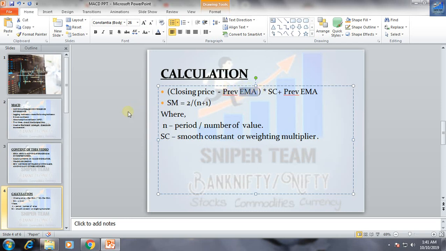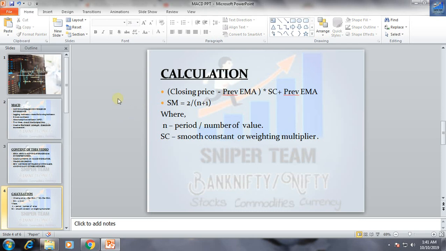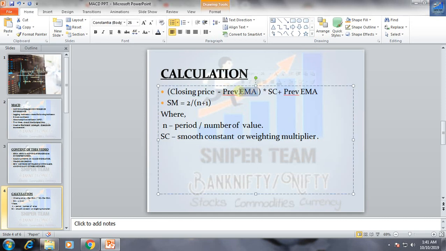The simple moving average of 12 period that we calculated earlier, we will take and put it here, and we will multiply it with the smooth constant. The smooth constant is nothing but 2 divided by n plus 1. Here n is the number of periods, so we are calculating the exponential moving average for 12 days.